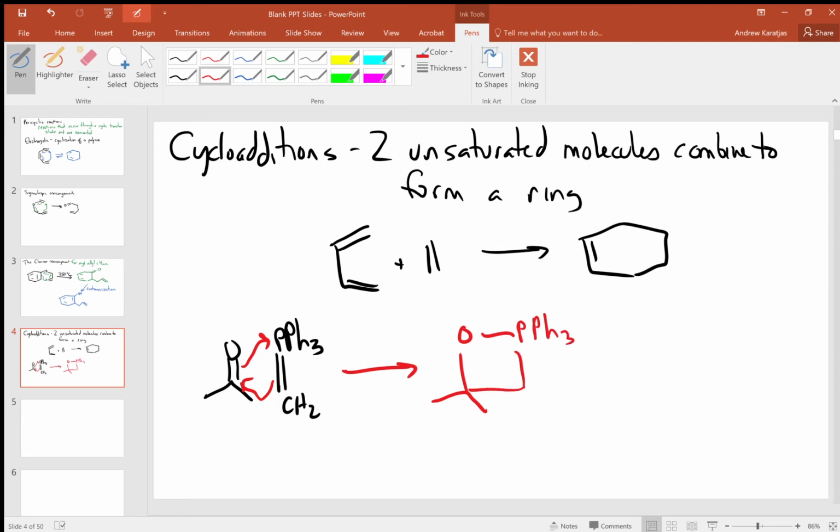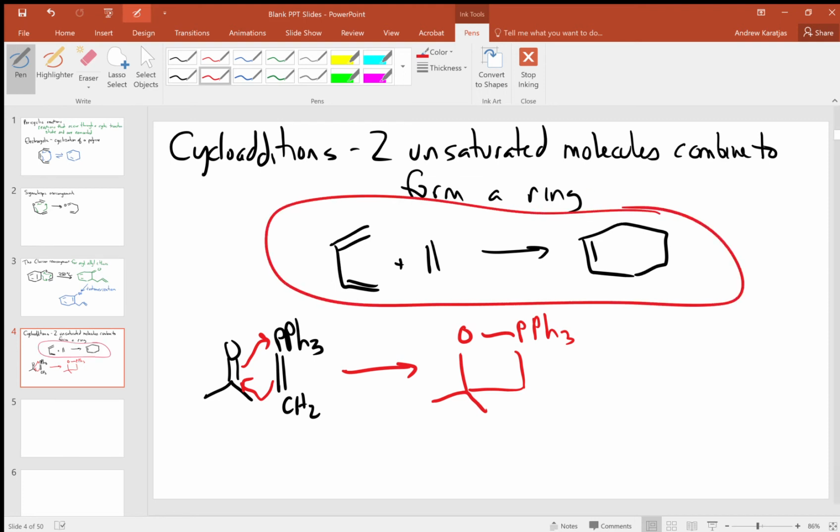And those numbers that we mentioned there are the number of pi electrons from each compound. So we're going to talk more about this first example, the Diels-Alder, in a little bit.